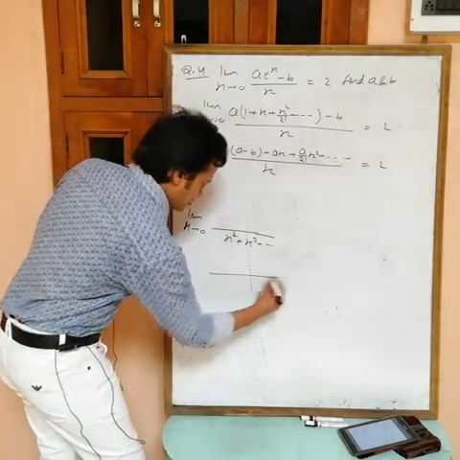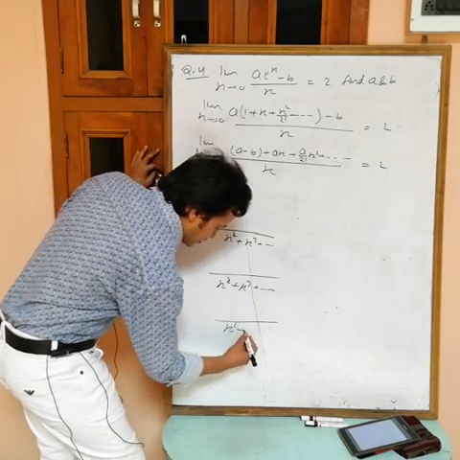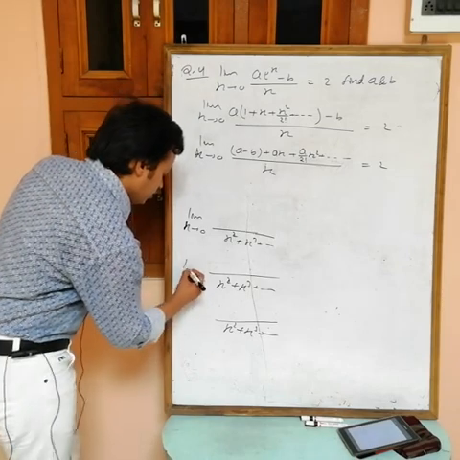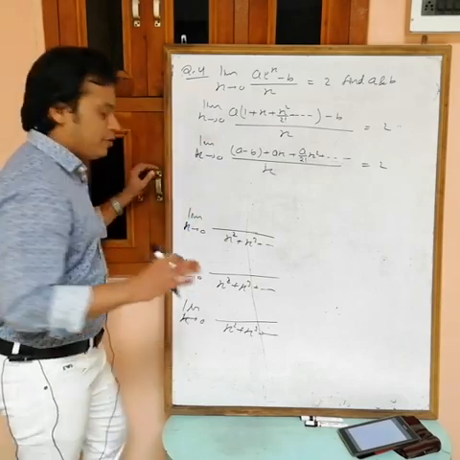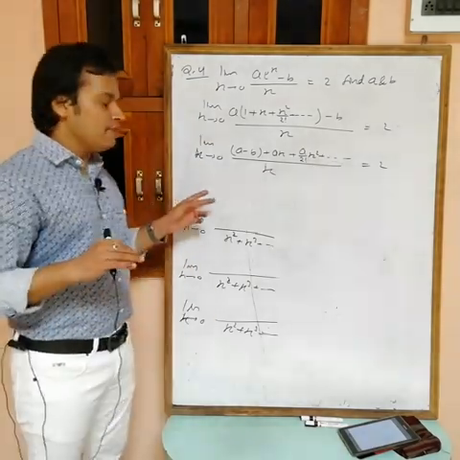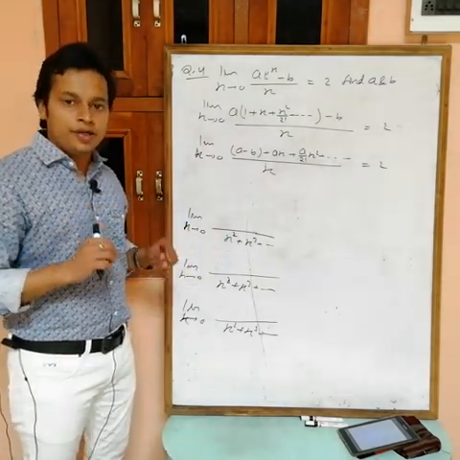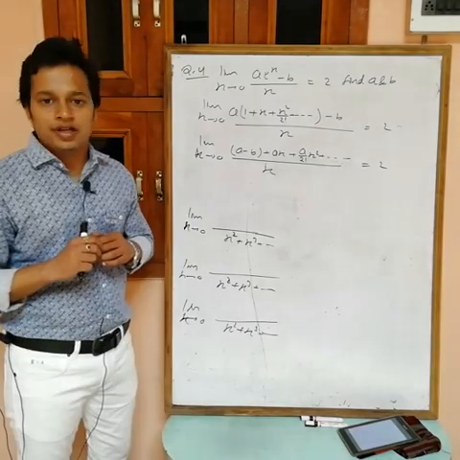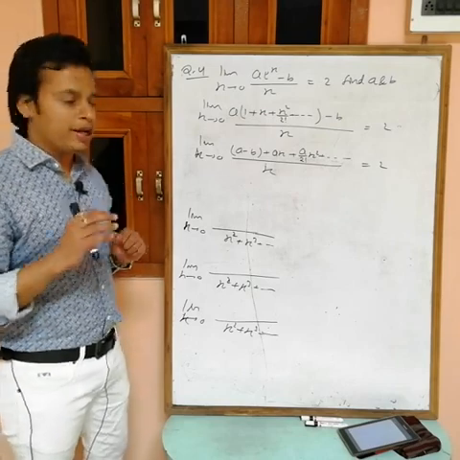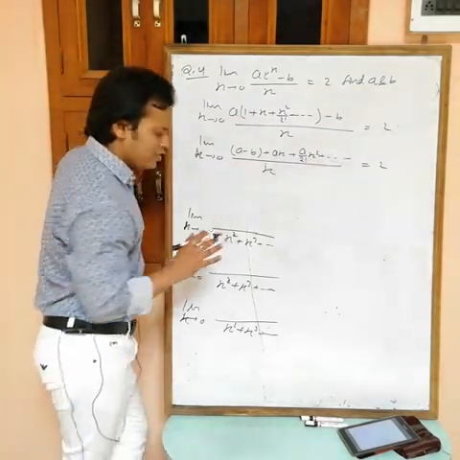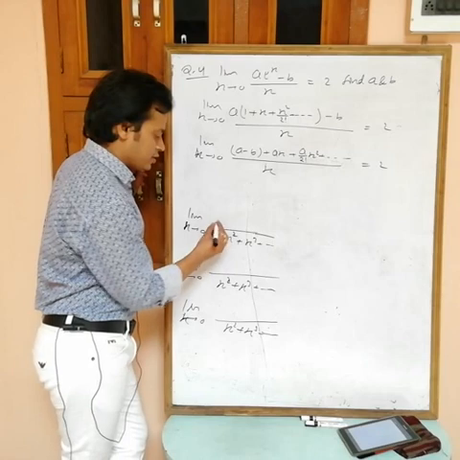In the numerator we have three options: either the minimum power of x in the numerator is equal to the minimum power of x in the denominator, or less than it, or greater than it. I am taking all three. First, the minimum power of x in the numerator equals that in the denominator, x square.